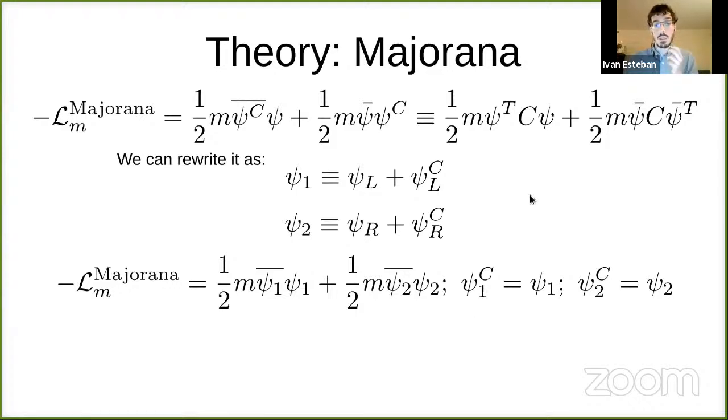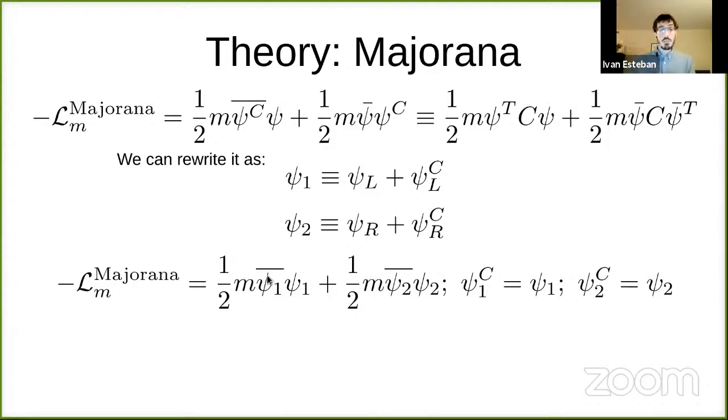So this means that we started from this complicated Lagrangian, but if we rewrite it in terms of these two self-conjugate fields, we get a standard mass term for these two fields. So these two fields will describe fermions with mass m, and at the same time, they will be their own charge conjugates.